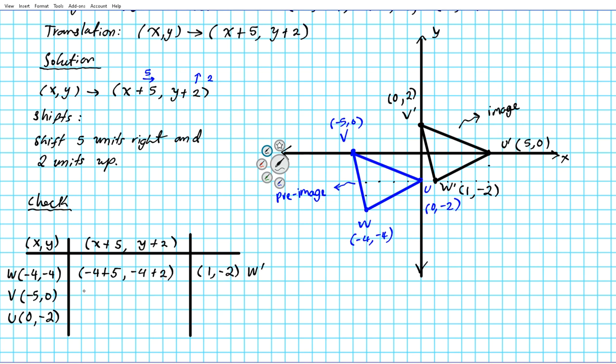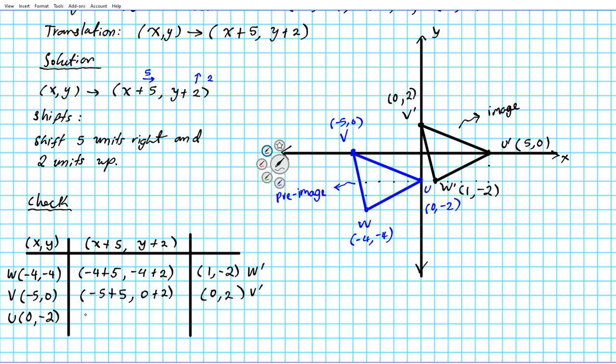And then for V, we have -5 plus 5. So we plug in this -5 into that formula right there. So -5 plus 5, and then 0 plus 2 for the y coordinate. We'll simplify that. We have 0, 2. That's V prime.